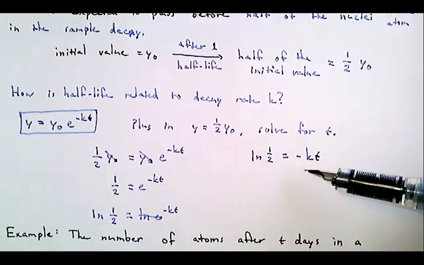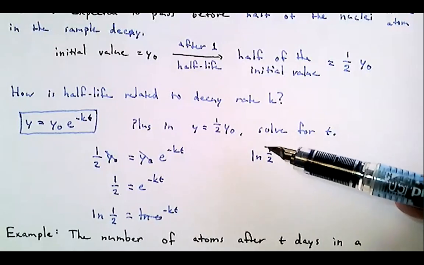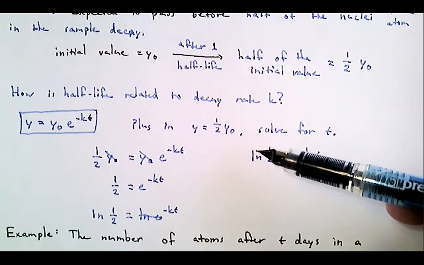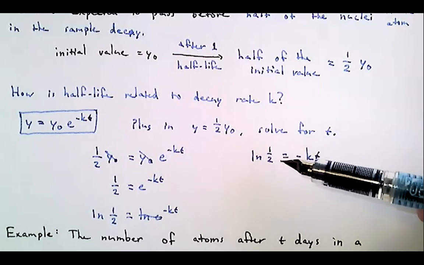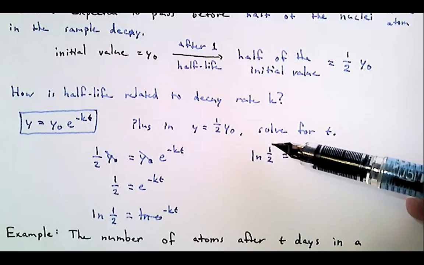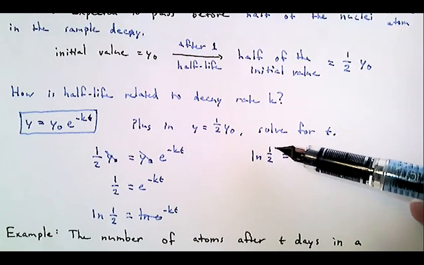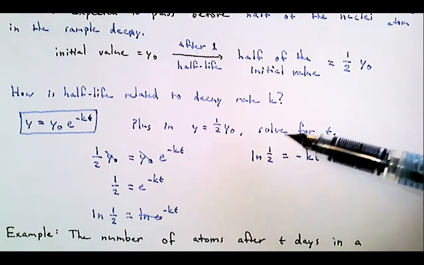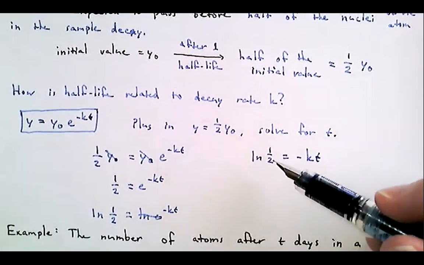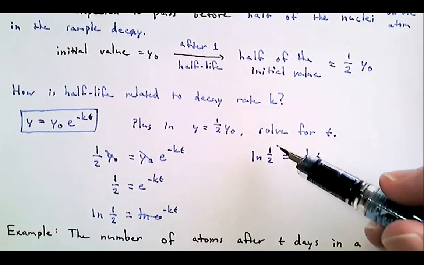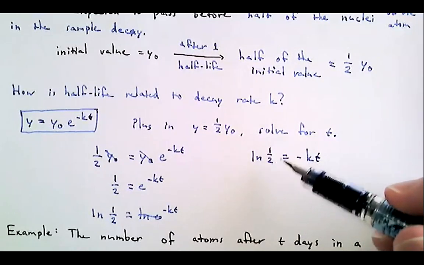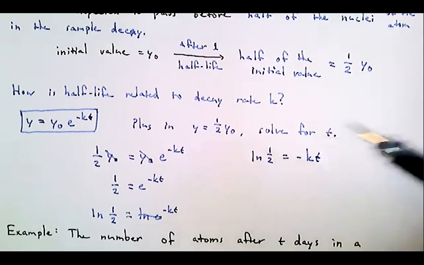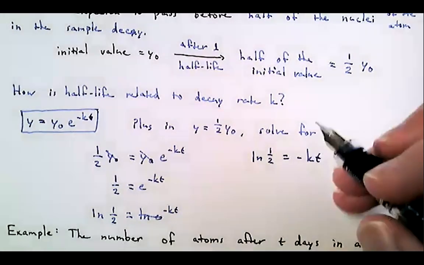Before I move my constant over to the left, though, I want to take a look at this natural log of 1/2. When we're dealing with natural logs, we don't really like to have fractions inside of them. What we'd prefer to do is to rewrite this fraction with a negative exponent and then move that exponent to the front. And that helps us simplify just a little bit.